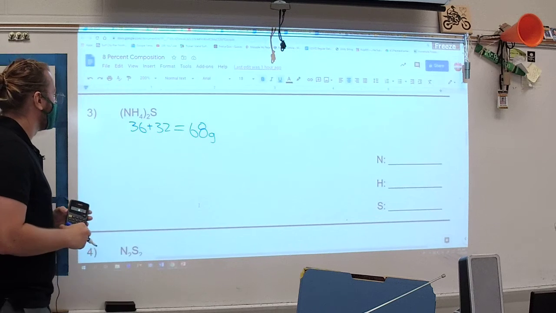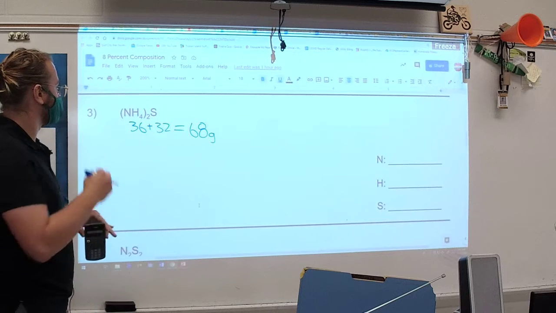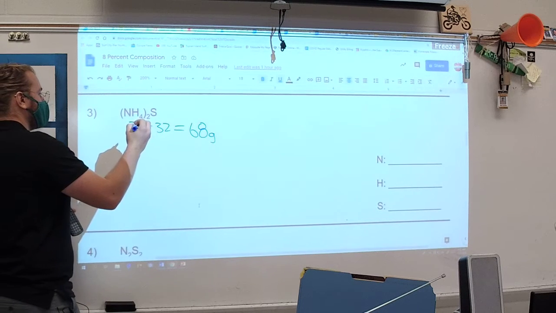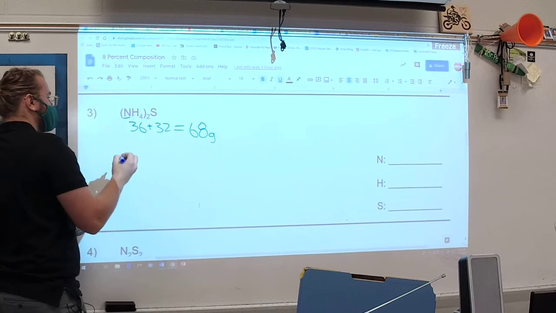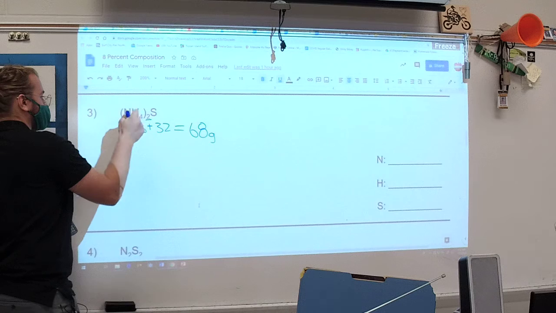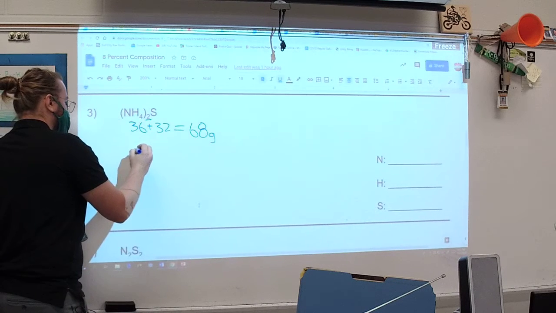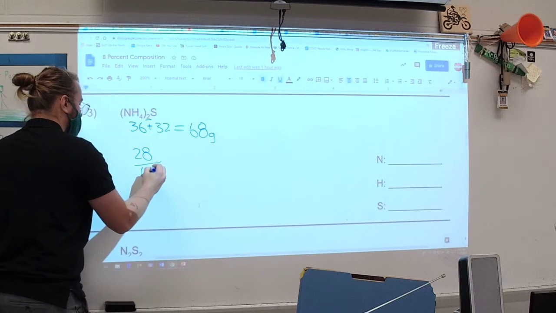All right, we are asked first for nitrogen. So we want to find the percentage of nitrogen in this entire weight of the compound. How many nitrogens are we looking at? Are we looking at just one? Well, that's right. We're looking at two of them. So that means we need to put a 28 right here, 28 over 68.